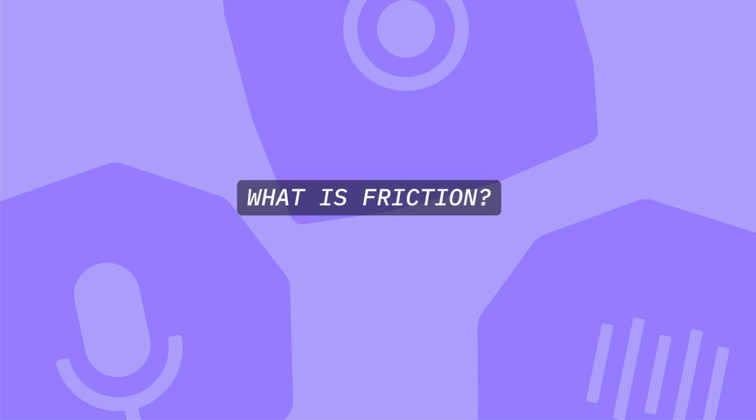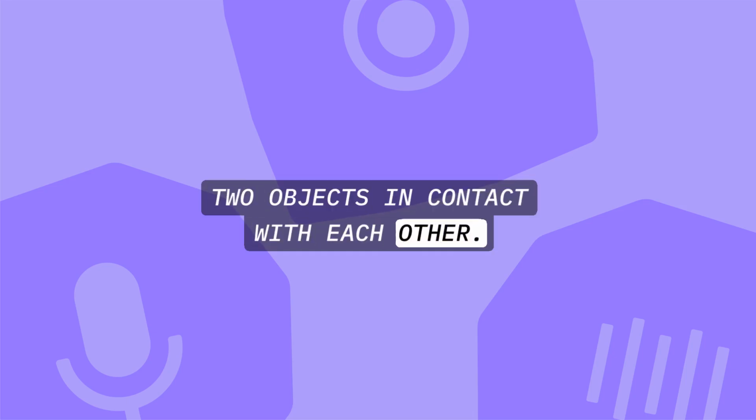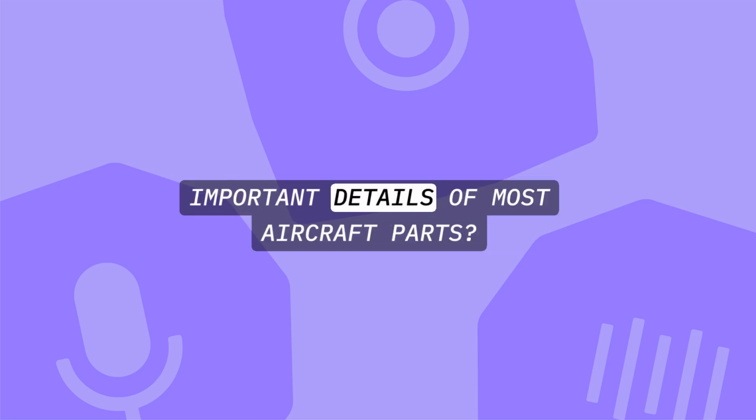What is friction? The opposition to relative motion between two objects in contact with each other. How many views are required to represent the important details of most aircraft parts?